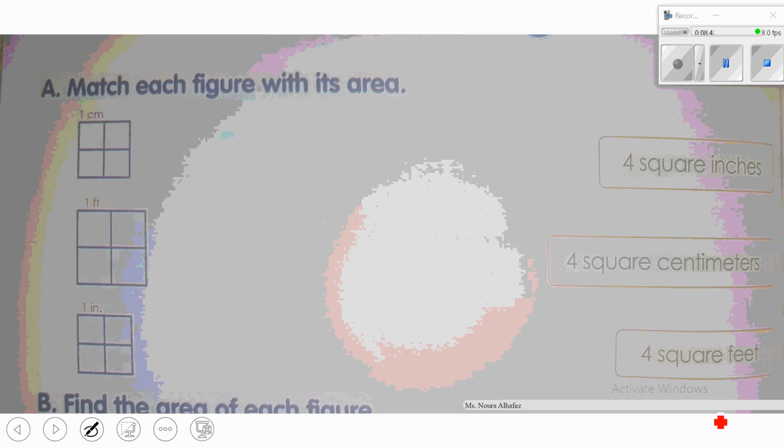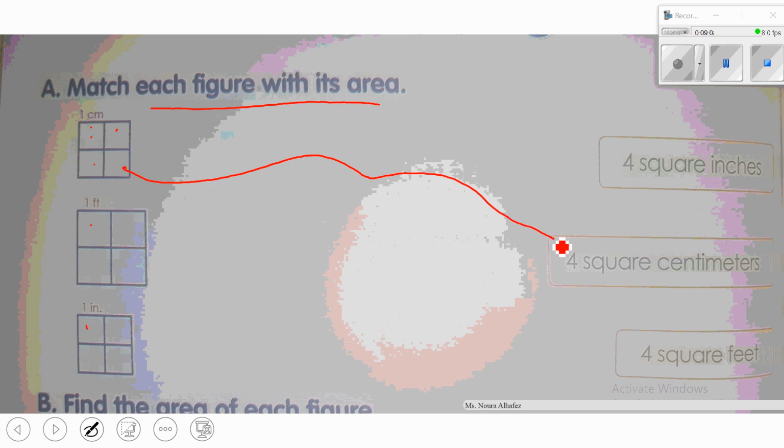Here you have to match each figure with its area. Here I have each square a centimeter. Each square here is a square foot, and here is a square inch. So how many squares here? 4 square centimeters. Where is 4 square centimeters?